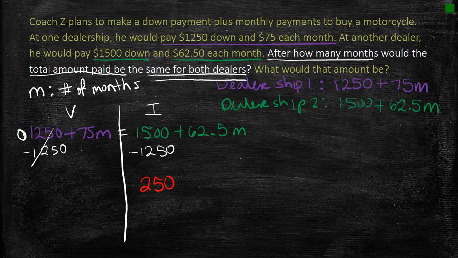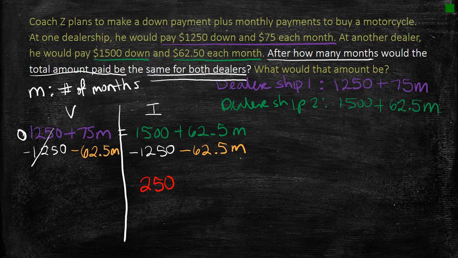And then I'm going to take my next step, and I notice that I'm looking at the integer side, and I do not want 62.5 m there, so I'm going to get rid of it by subtracting 62.5 m. If I do it to one side, I have to do it to the other side as well.